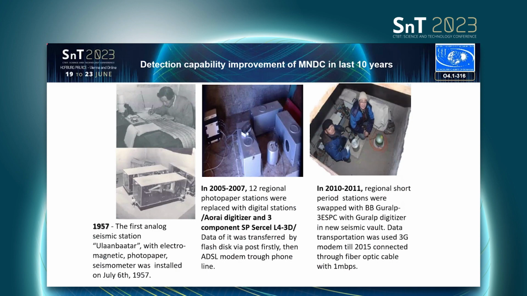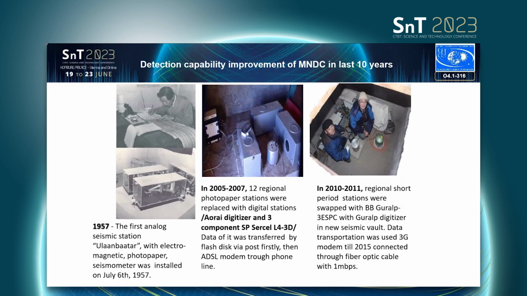There were 3 kinds of migration in the station improvement. First, paper-based stations were installed. Then, once that was finished, they migrated to digital short period stations between 2005 and 2007. 12 regional stations were replaced with digital short period stations. At that time we transferred data by flash disk via post.